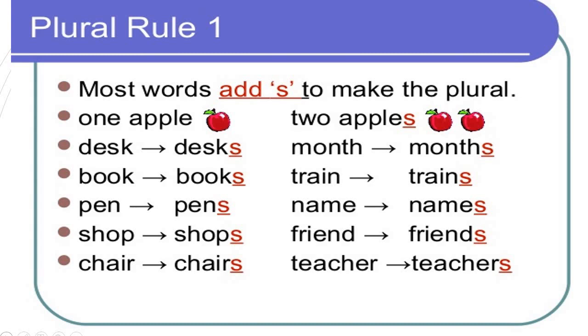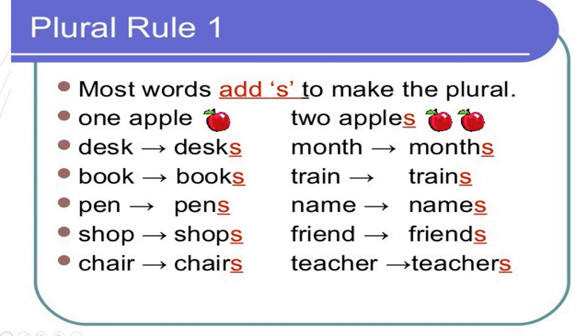Okay, this is plural rule 1. Most words add s to make the plural. Usually, when we want to pluralize a word, we can add the letter s to the end of the word. Can you see there are examples?